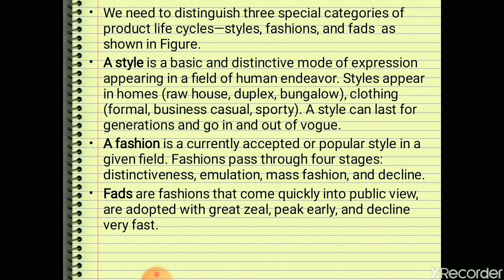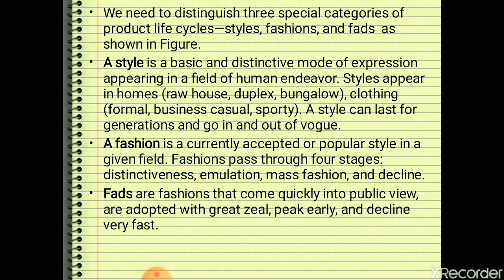When we talk about business casual or bell bottom pants, they last for generations, and they go out of and come back into vogue. Suppose there is a style of bell bottom: it was there in the 70s, then again it came in the 90s. This is how a style may change.